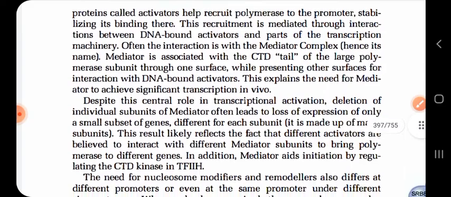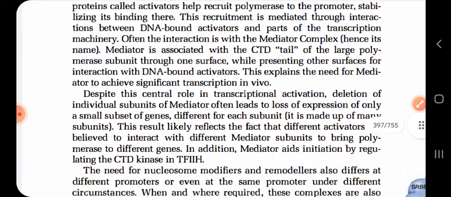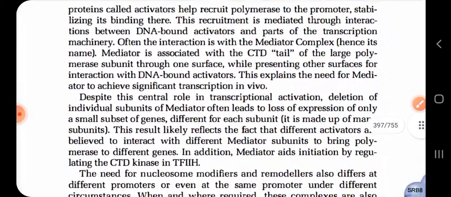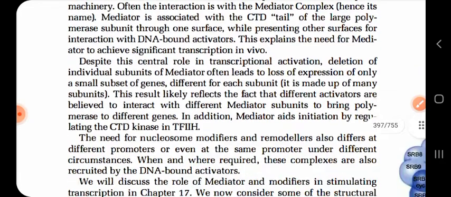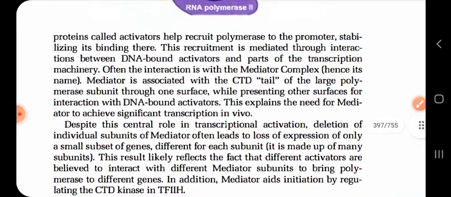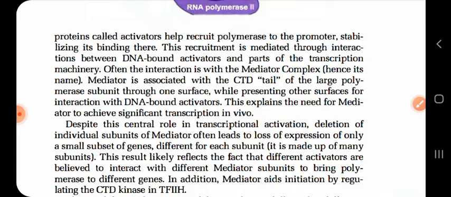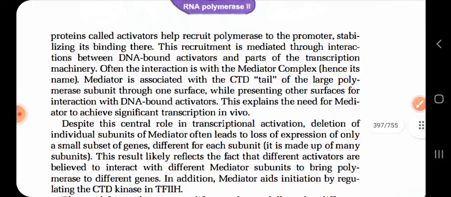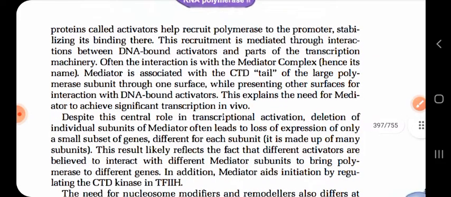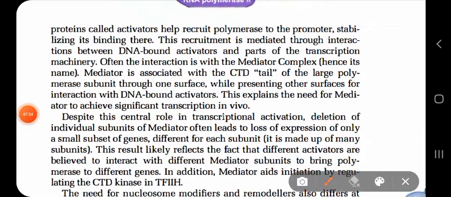Different activators are believed to interact with different mediator subunits to bring polymerase to different genes.